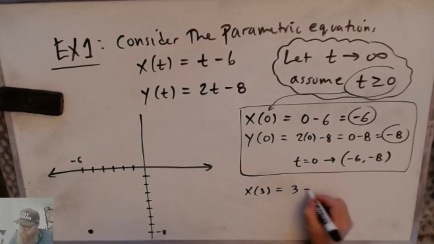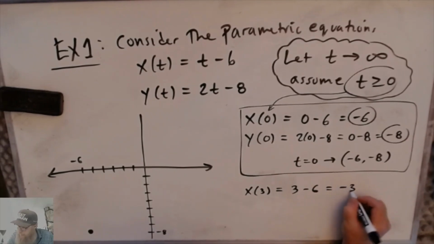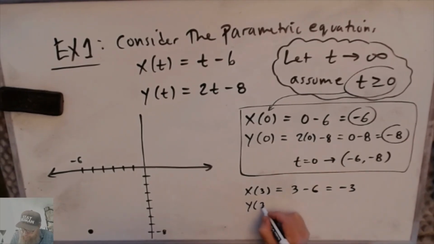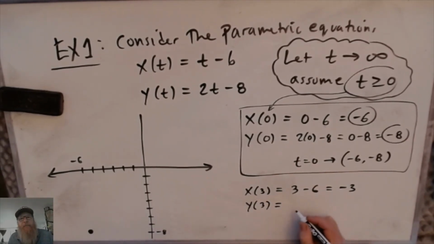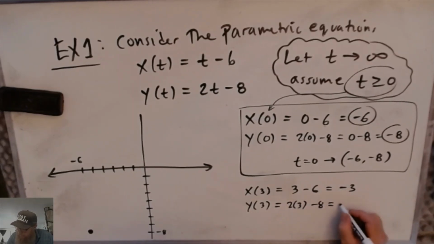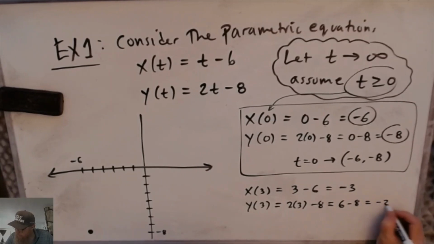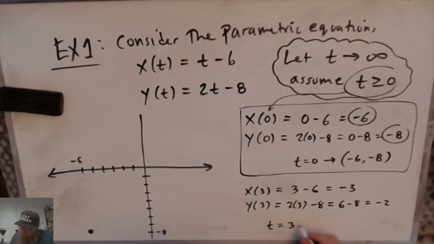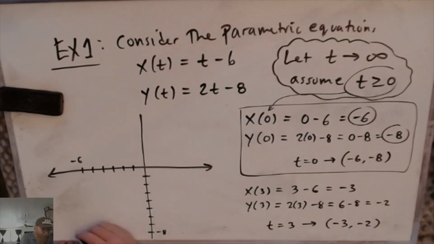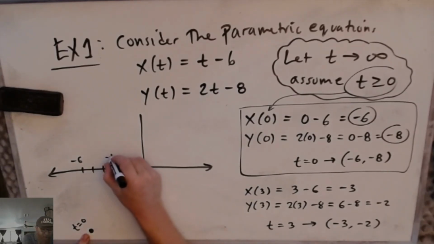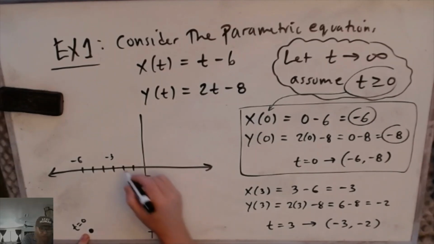So we got 3 minus 6. That's going to be -3. And y of 3 is going to be 2 times 3 minus 8, 6 minus 8, which is -2. So when t is equal to 3, our point is -3, -2. Here we're at t equals 0, and we're going to skip ahead to -3 and -2.